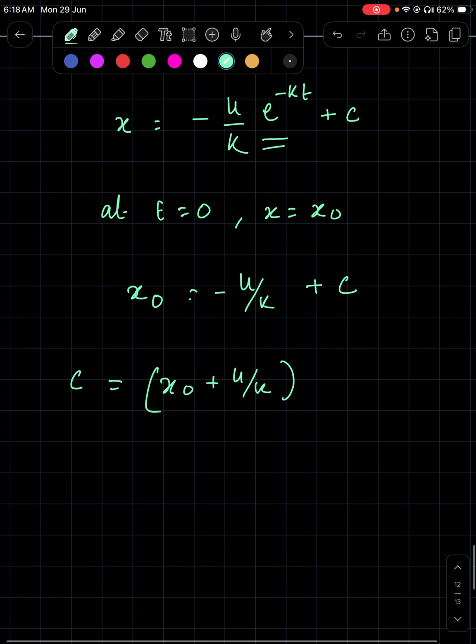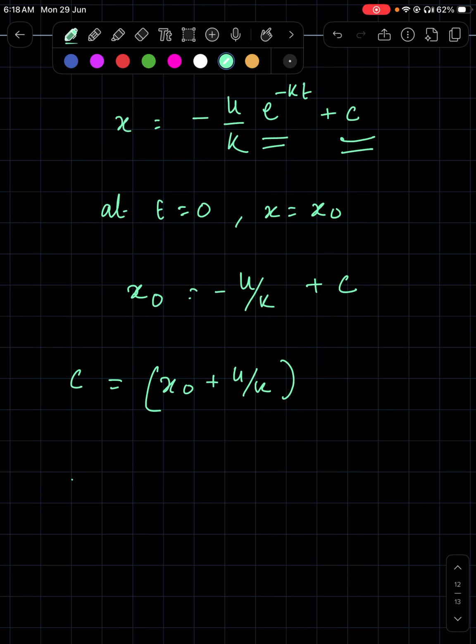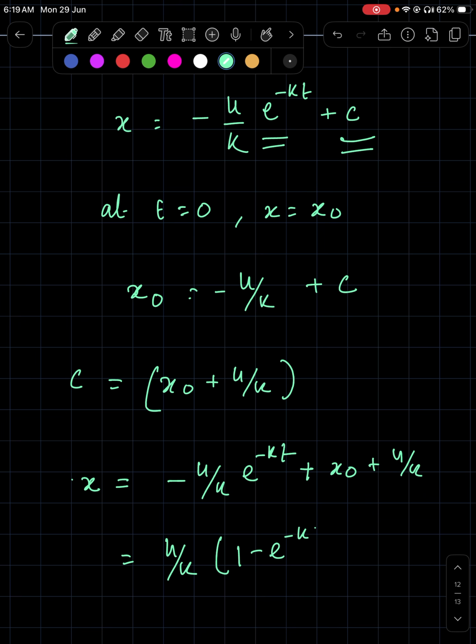I put it in the last equation to get the value of x. So x becomes minus u by k e to the power minus kt plus x naught plus u by k. So it becomes u by k times 1 minus e to the power minus kt, plus x naught. That is the final expression of the distance it will travel in time t.